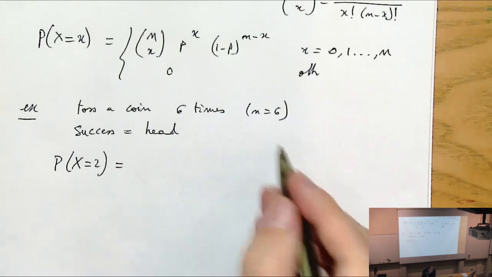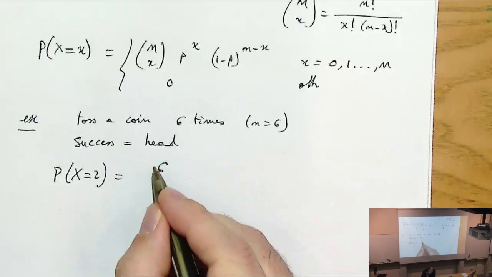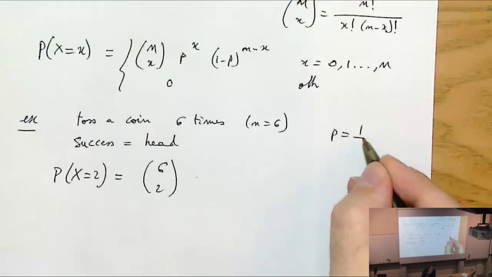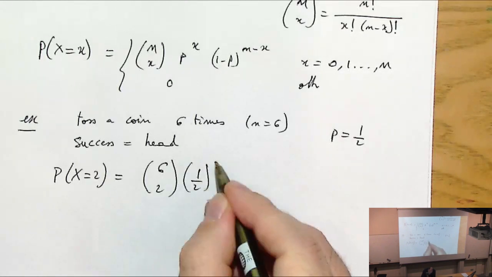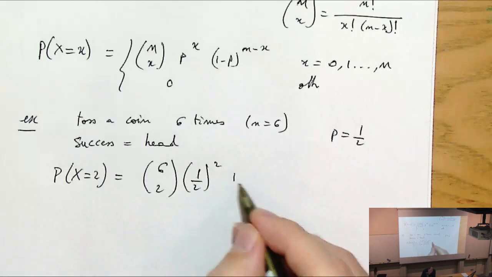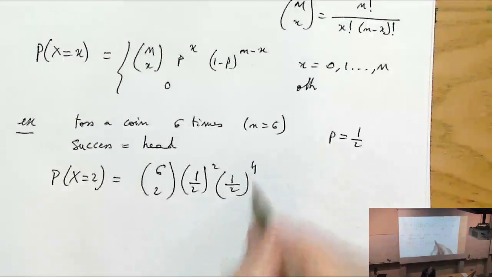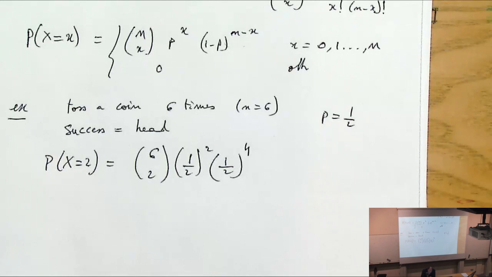So what do you get? You apply that quantity here. You have 6 choose 2. What is P? It is 1/2. So you're going to have 1/2 squared, since you're looking at 2 successes, and 1/2 to the power n minus x, which is 4. So this is exactly the probability of having 2 successes.